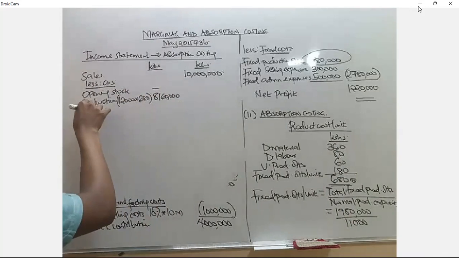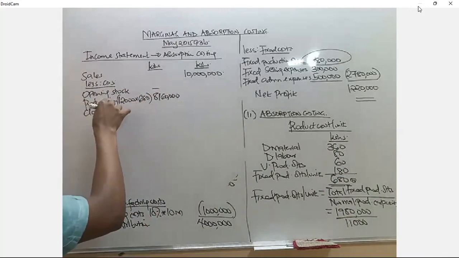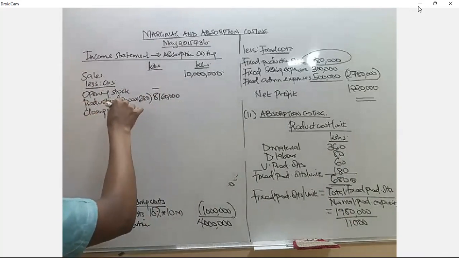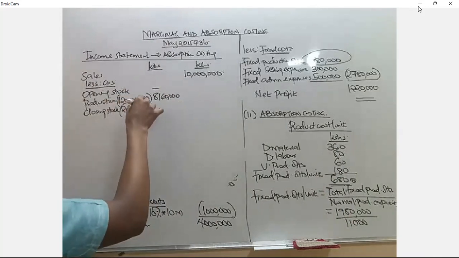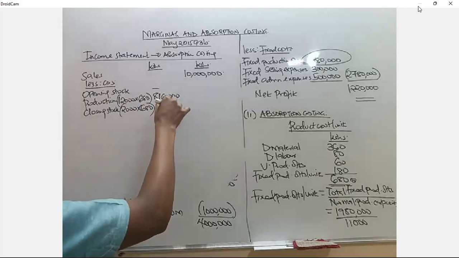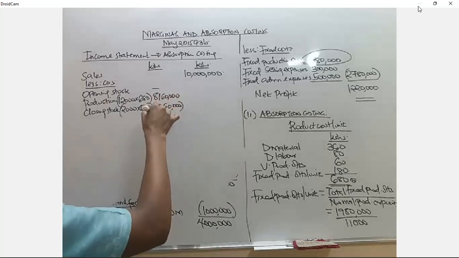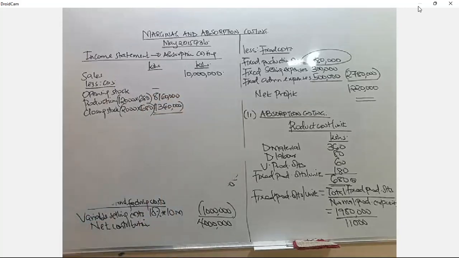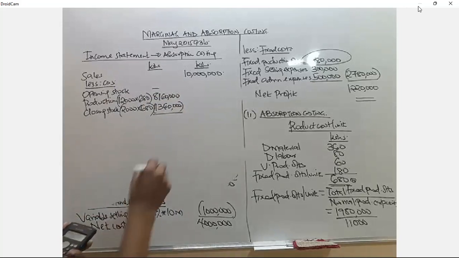Then we less our closing stock. We are talking about 2,000 multiplied by 680, which gives 1,360,000. What is our cost of sales? 8,160,000 minus that answer, getting 6.8 million.